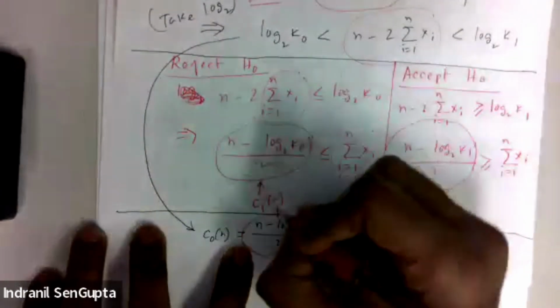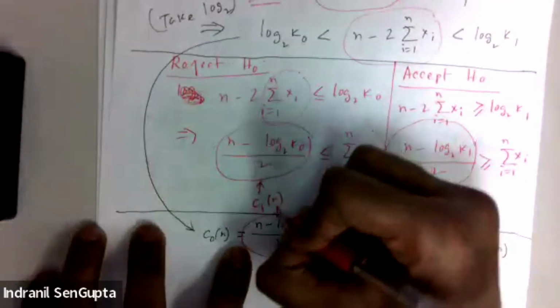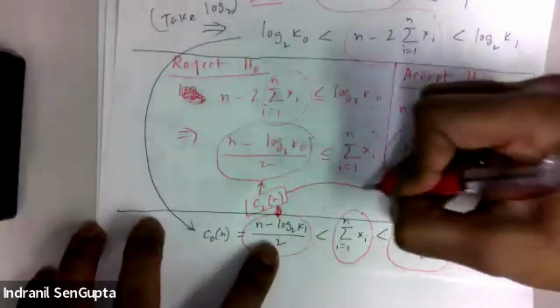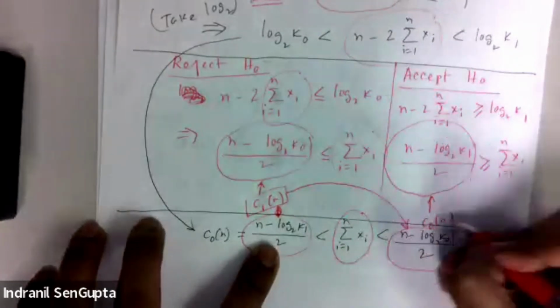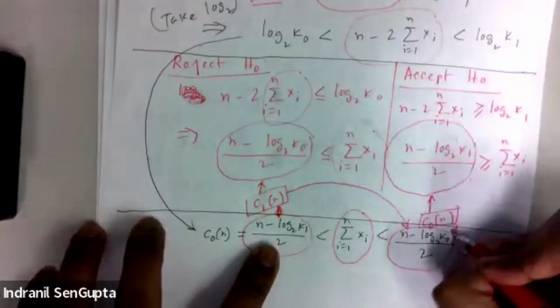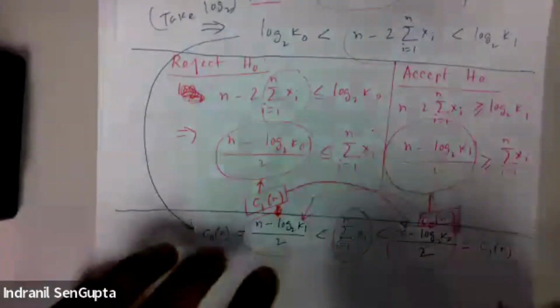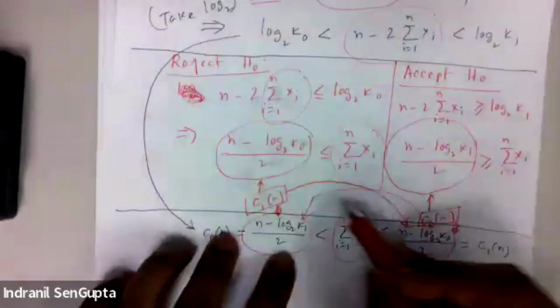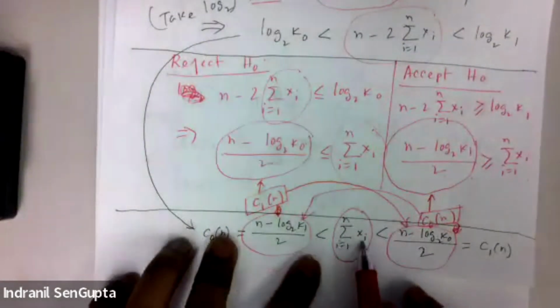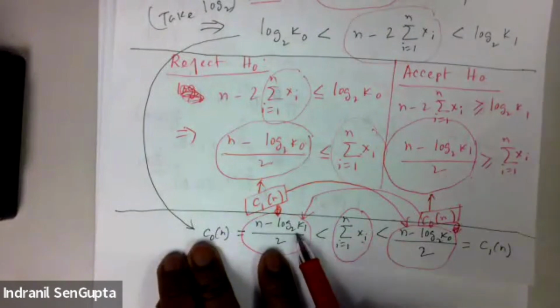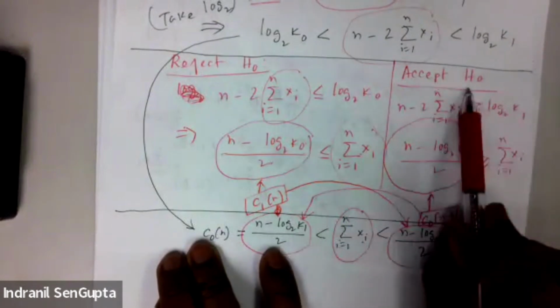Sorry, what I mean is, I think I made an error. This C1 is not here. This is C1, it really appears right here. And this is C0, which really appears here. So it's a little bit flipped, meaning that when this test statistic value is passing the lower bound, we are really accepting H0.